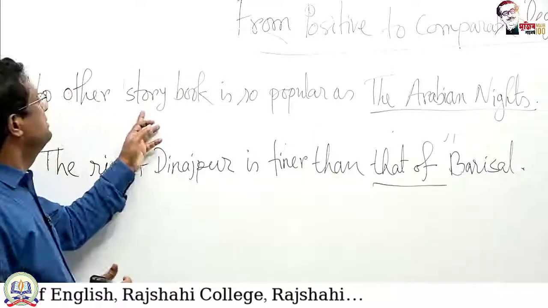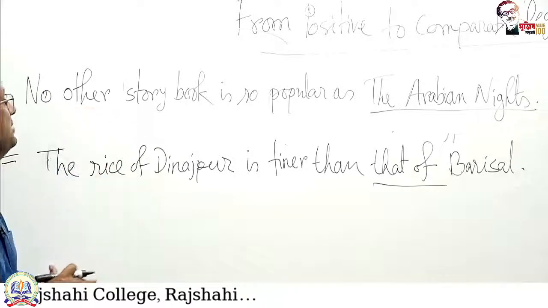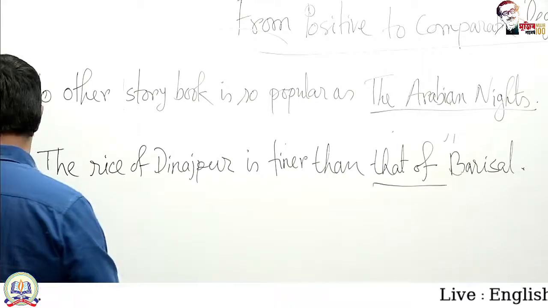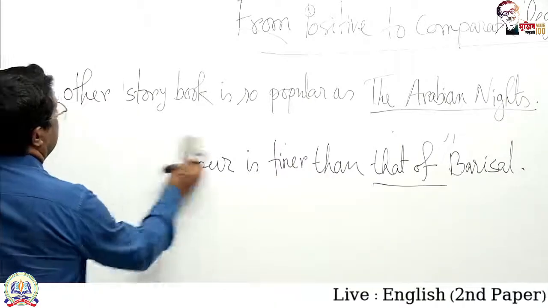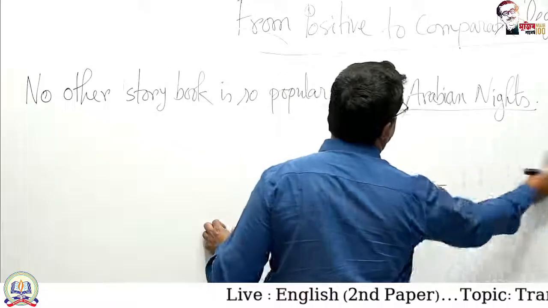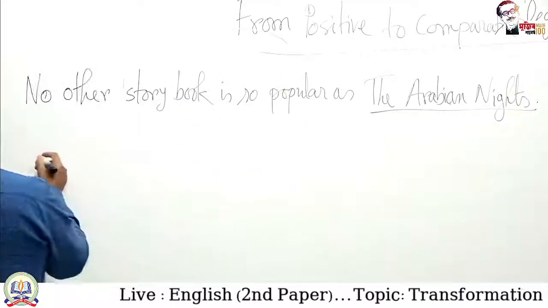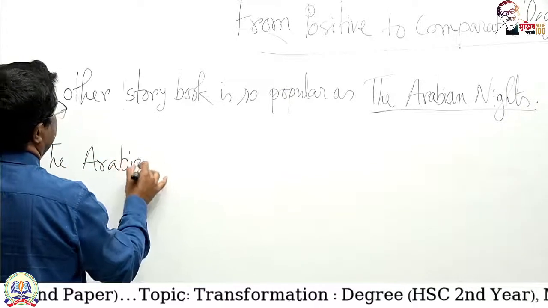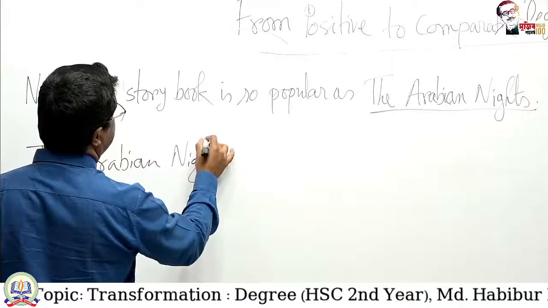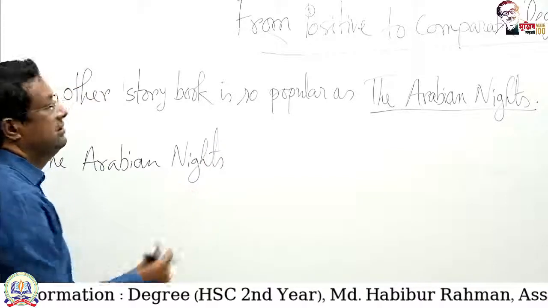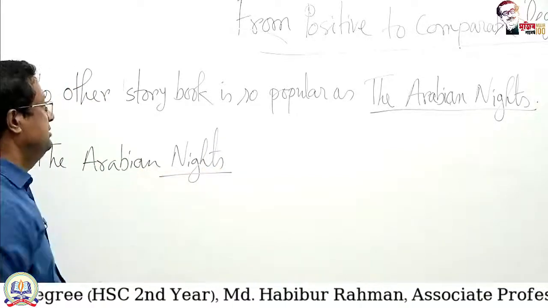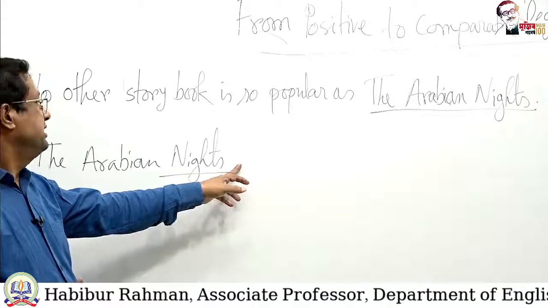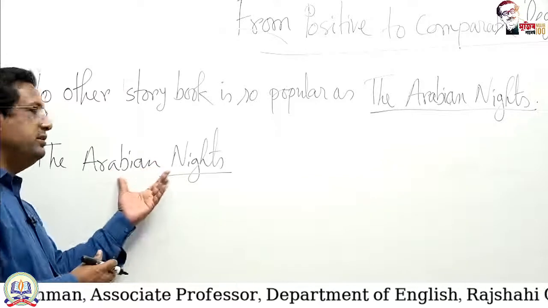However, this is a simple sentence. No other storybook is so popular as the Arabian Nights. We will change this into comparative form and we will use the subject also. So, the Arabian Nights, is or are? You find Nights, so simply you would write are, but that is not correct here because this is the name of a book.